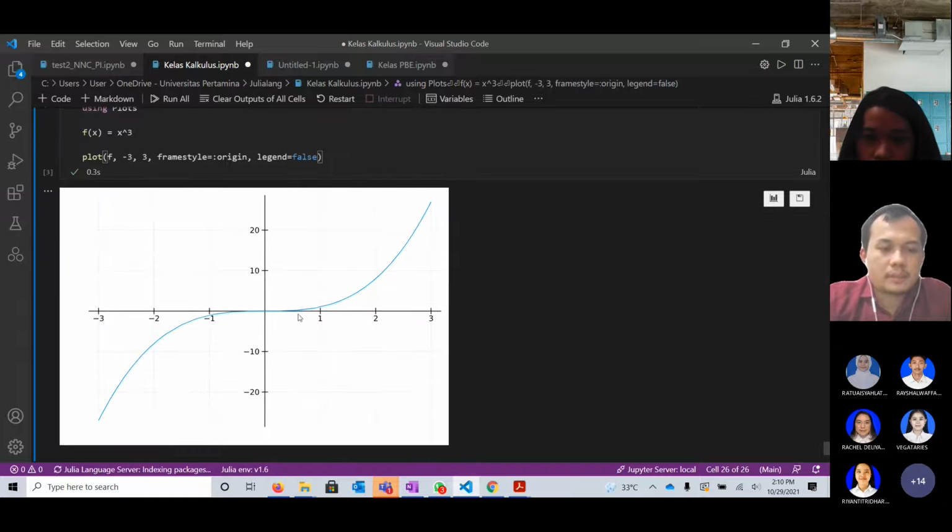So here we have the plot. This is the plot of x cubed.